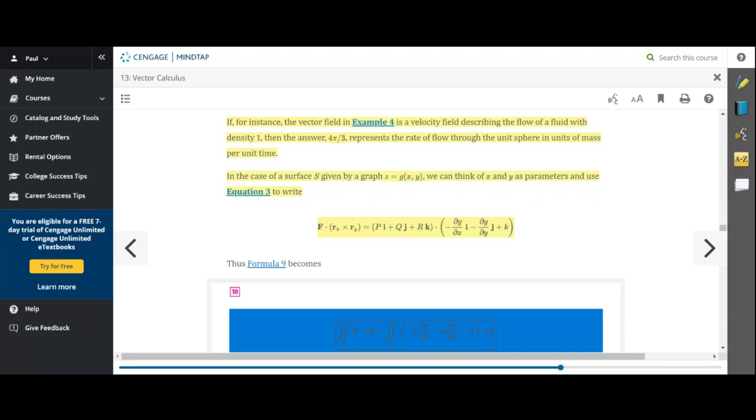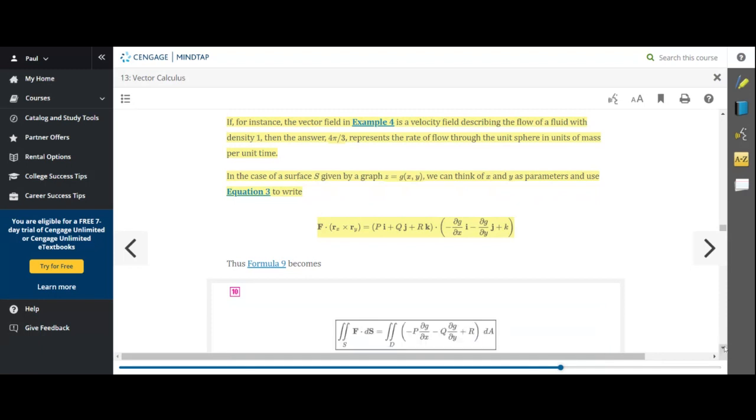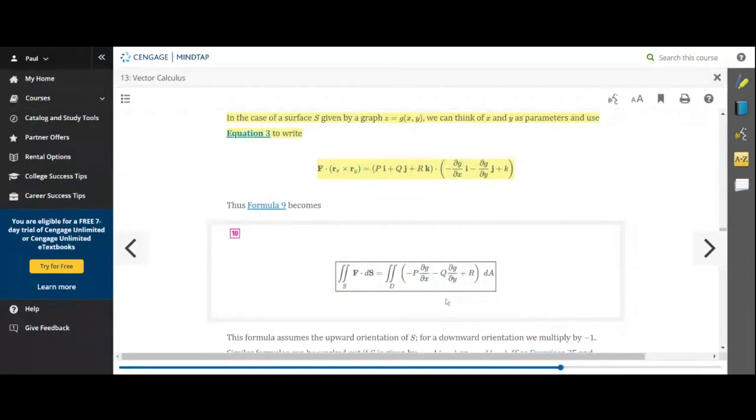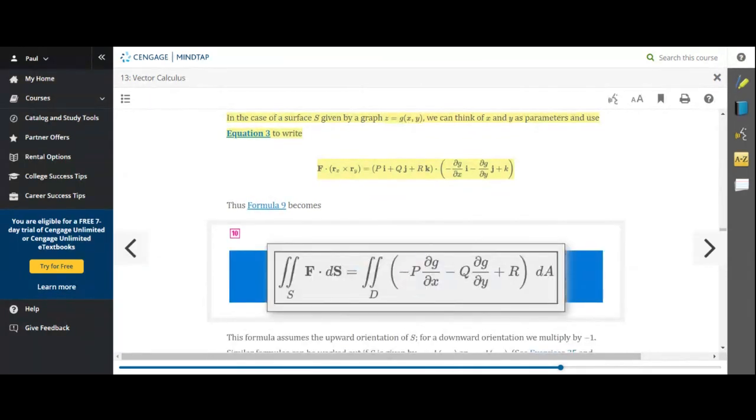And so in that case, the formula collapses into this formula here.